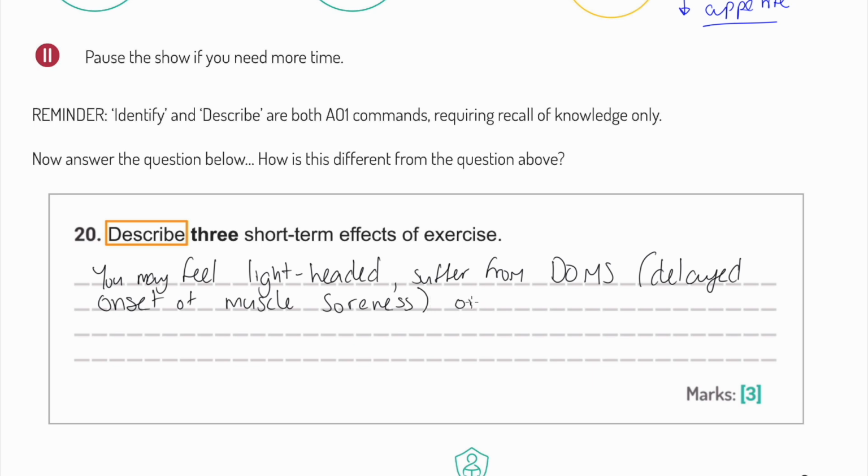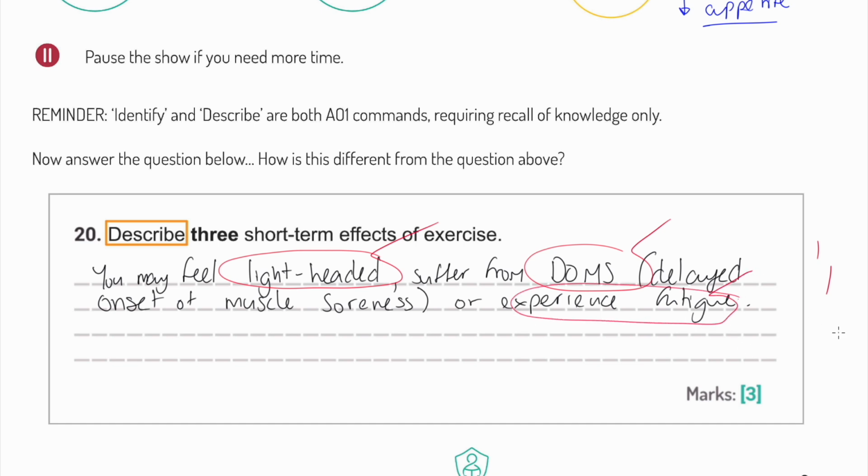Why leave that in my head if I know it? Or experience fatigue. Now, it might all seem very simple to you folks, and you might be thinking, well, that's really obvious because we've just translated it from the image above. But the point I want to get across early in the session is what's going to happen here. I think I've gone for something that's pinker than red here. Here we go. So we're going to get lightheadedness, circle, tick, 1 mark, DOMS or delayed onset, circle, tick, 1 mark, experience fatigue, circle, tick, 1 mark, or the equivalent that your examiner will do on the computer.